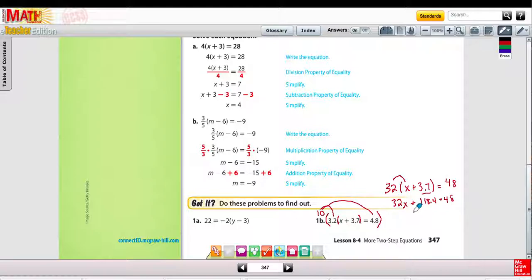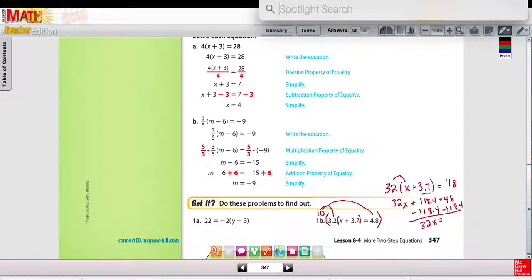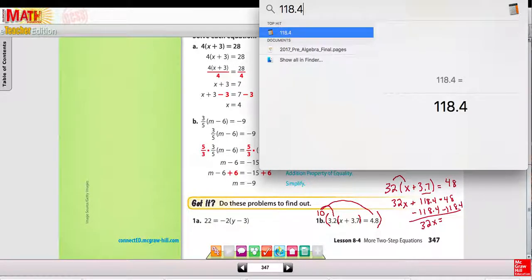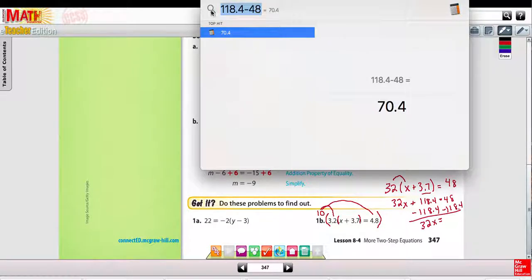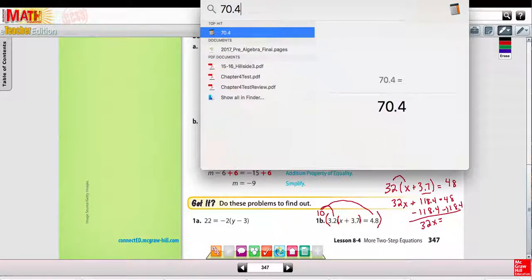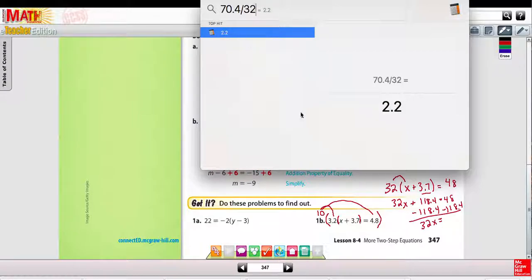And then we are going to subtract 118.4 minus 118.4, and we get 32x equals, and again, if you want to use a calculator, that's fine as long as you're showing the steps. I'm going to take 118.4 minus 48, and then I'm going to divide that 70.4 by 32. So 70.4 divided by 32, and we get 2.2.